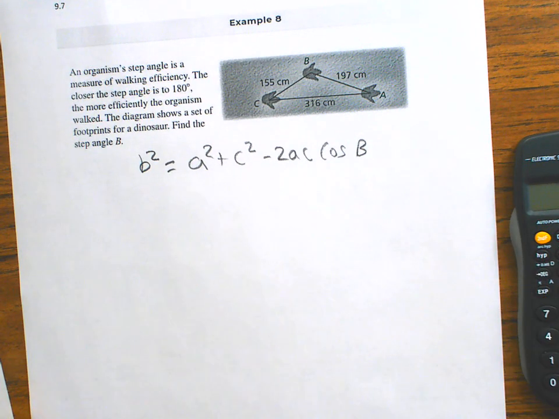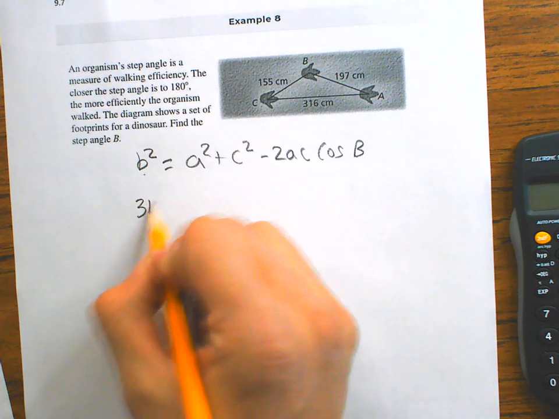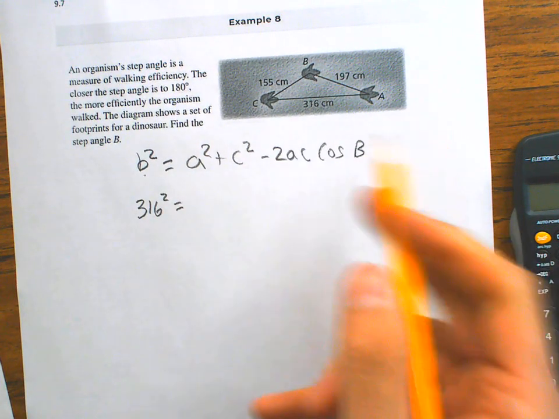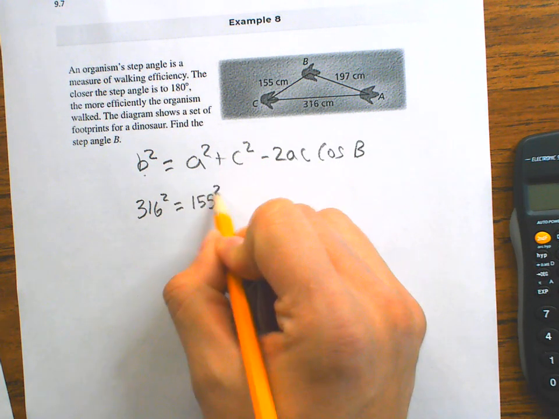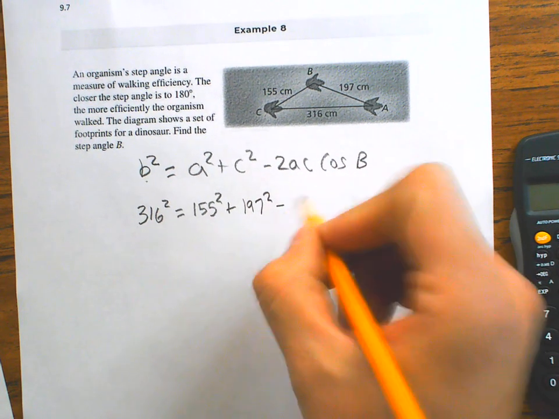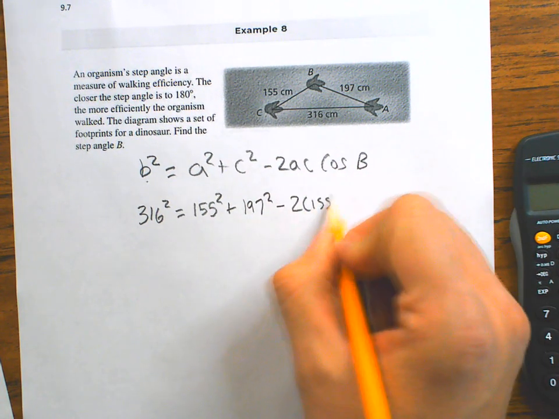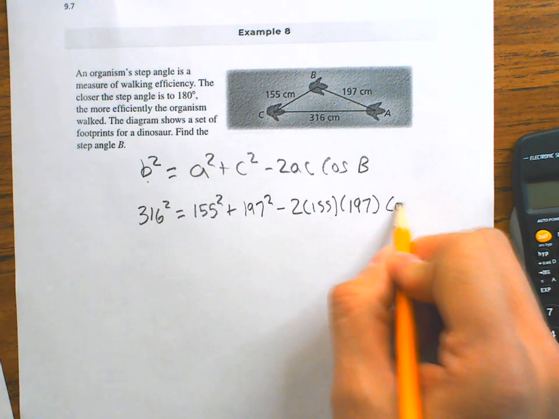Okay, so we're going to be using this one because I do know what little b is. Little b is 316. I do know what a is. A is 155. I do know what little c is, which is 197. So that's going to be 155, 197, cosine of angle B.